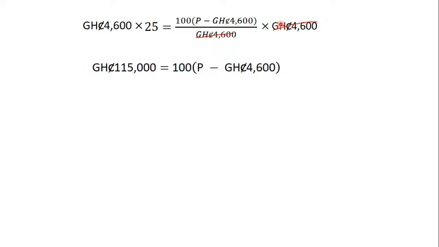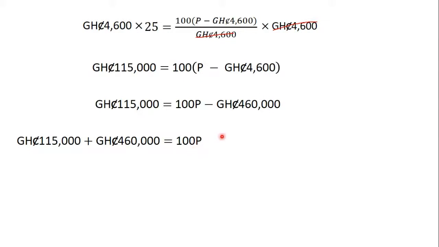Here this and this are gone. So we have 100 into bracket P minus 4,600 cedis. We open the bracket. We will have 115,000 Ghana cedis is equal to 100 times P will give us 100P minus 100 times 4,600 Ghana cedis will give us 460,000 Ghana cedis.